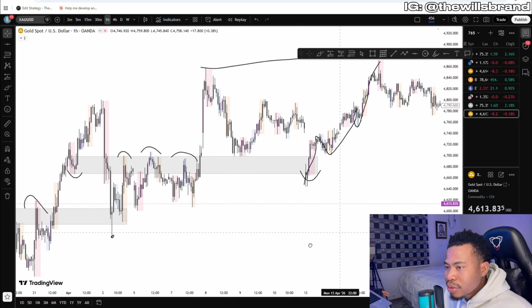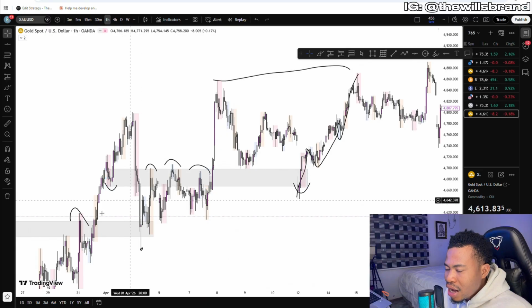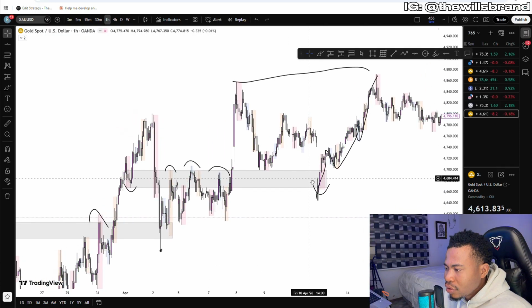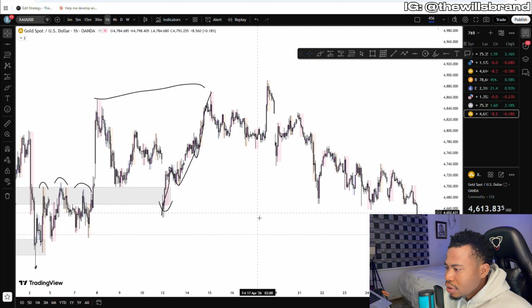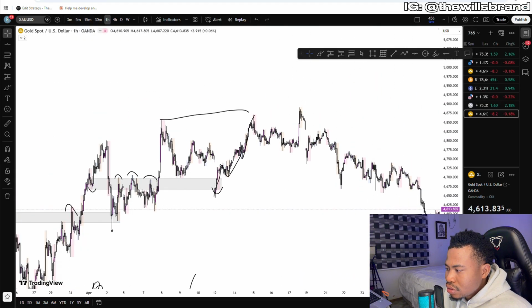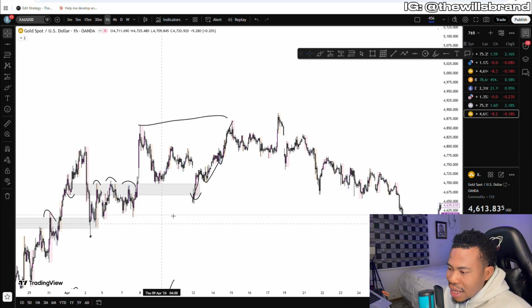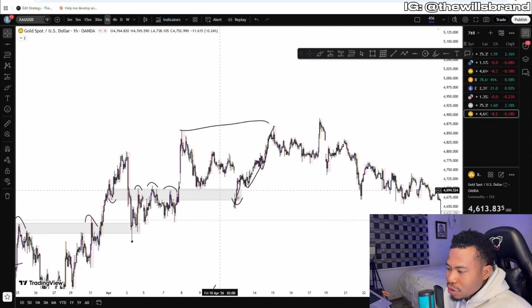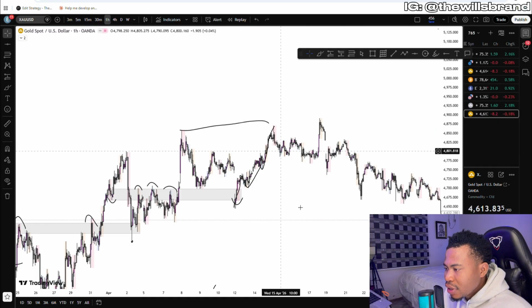All right, we're going to come to the class where I teach you how, if price comes to your key level, you can start looking for confirmations to execute your trade, the confirmations that will give you the indication that he wants to respect this key level and start buying.